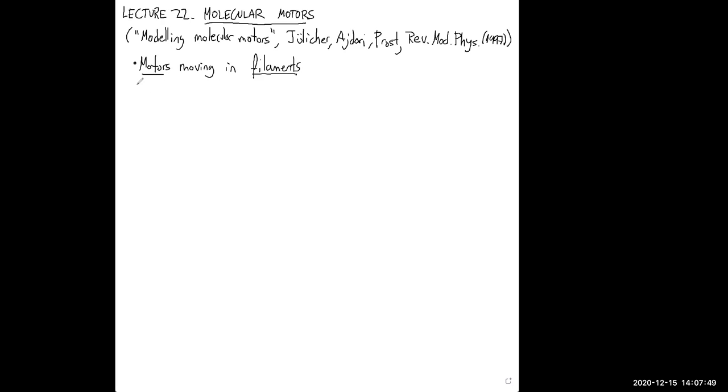And the filaments, their main characteristic is that they will be periodic. They have a periodic structure. They are fairly rigid, and they have a period of the order of 10 nanometers.